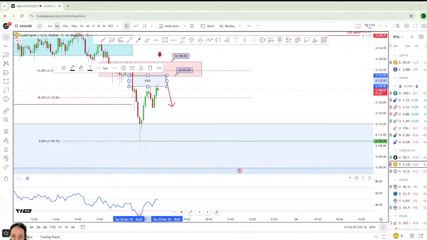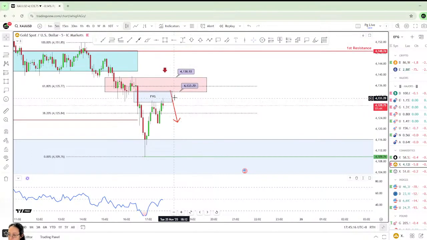Yeah, there's a gap there. Let me see. This is a sell zone. This could be the sell zone though.